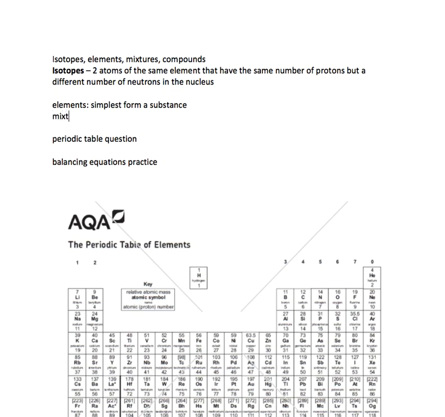Mixtures. Well, here you have two or more substances together, but not chemically combined.